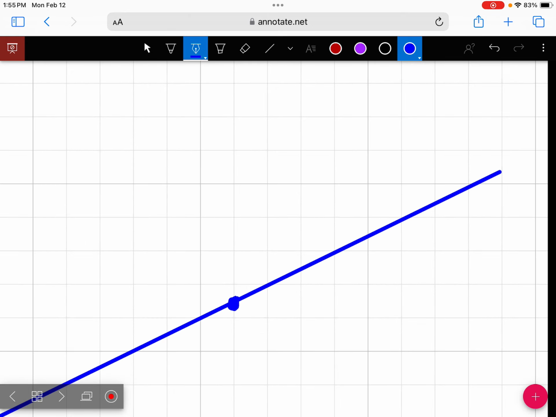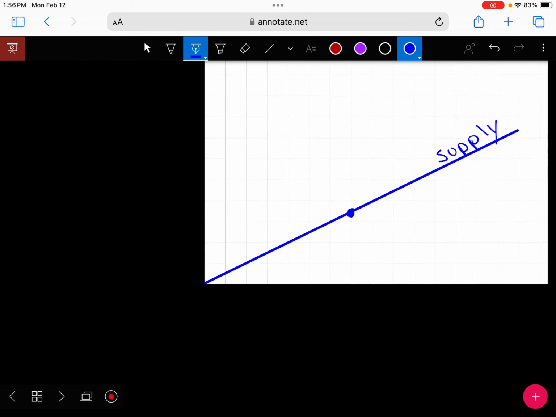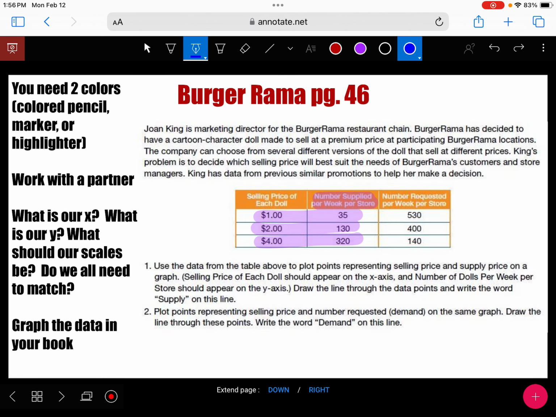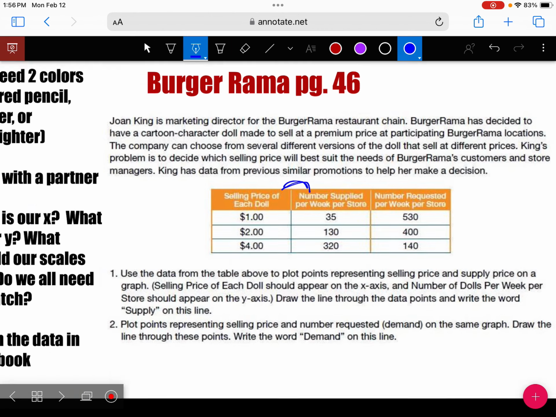So it did say when we were graphing our stuff to label this as our supply line. And then we're going to do the same thing for our demand. But what's tricky about that when we look at this table, because this was supply.